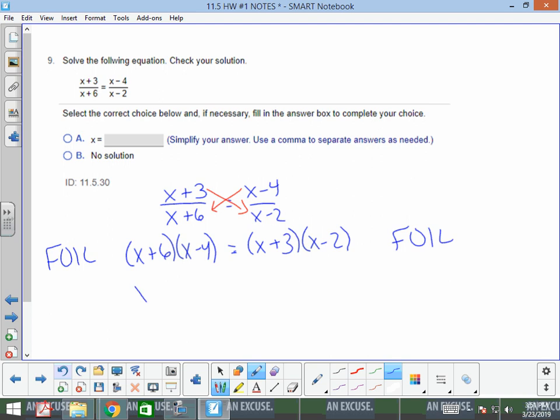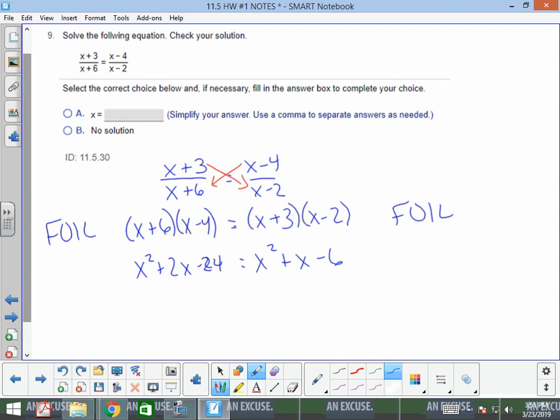So this is x squared plus 2x minus 24. And over here, x squared plus x minus 6. Now, I have x squared on both sides. So, I'm not going to have to factor on this problem because the x squared terms zero out.